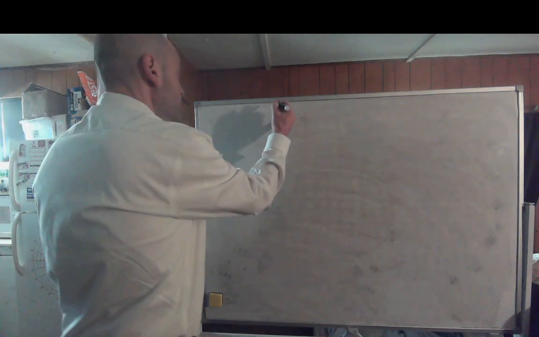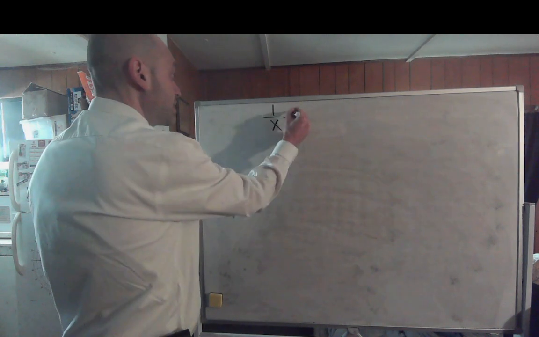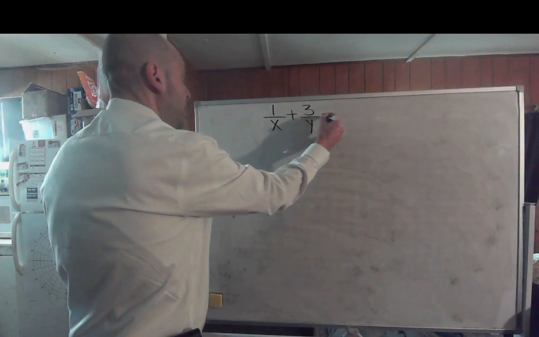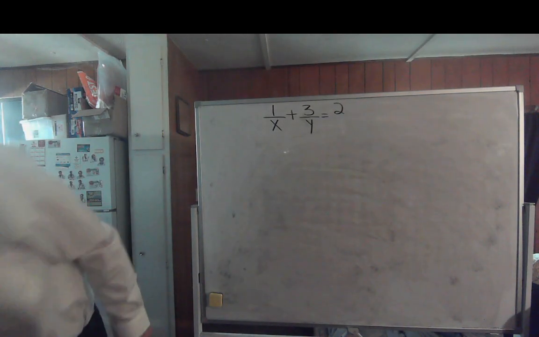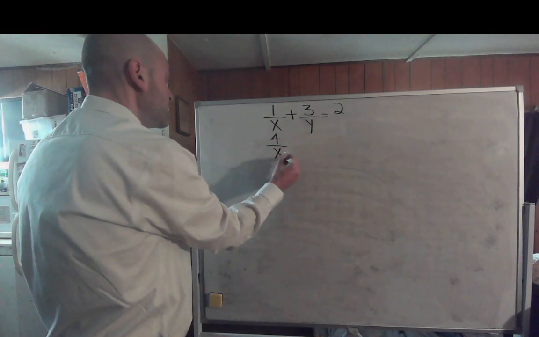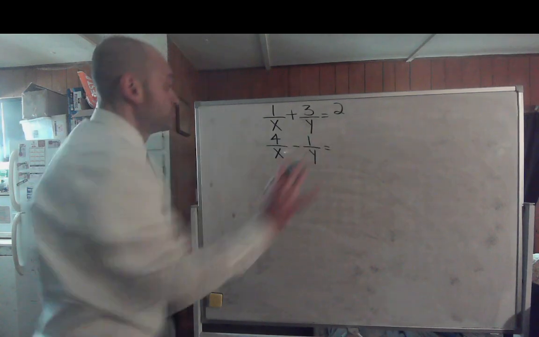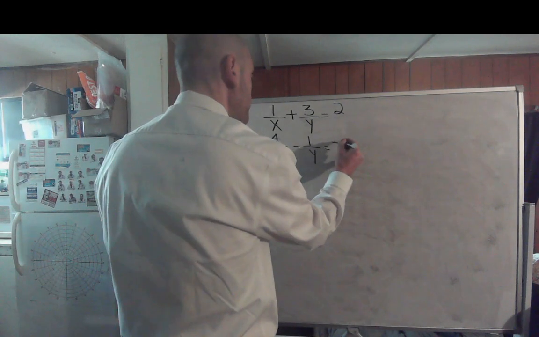Okay. Final 4 exercises are systems of rational equations. So you have something like 1 divided by x plus 3 divided by y equals 2. And then you have 4 over x minus 1 over y is equal to negative 5.